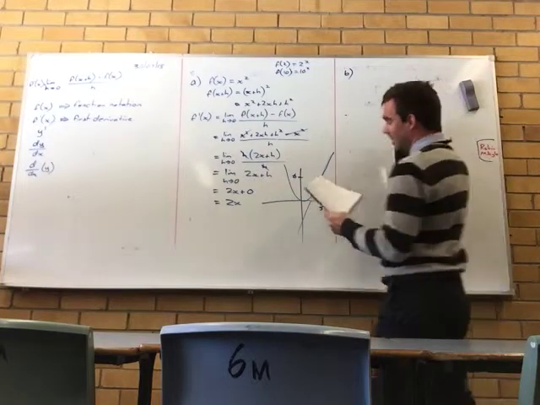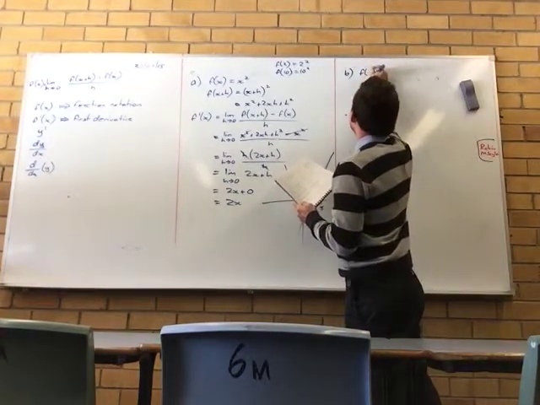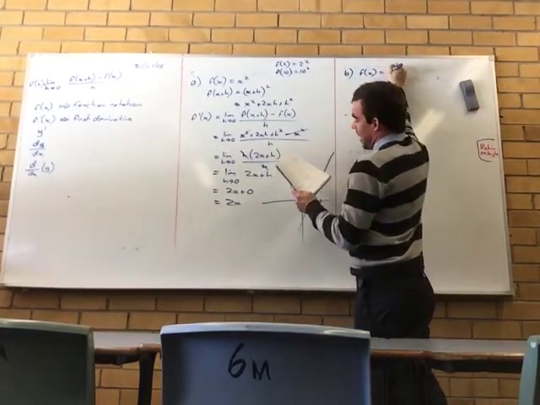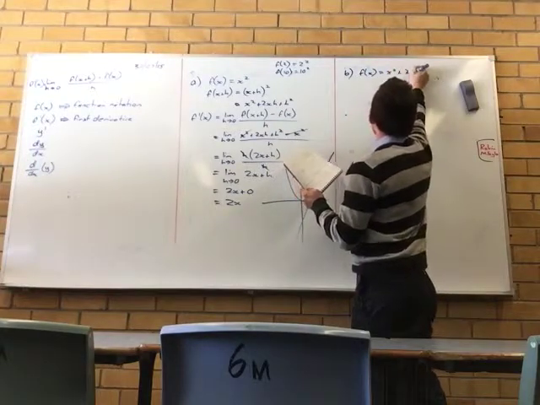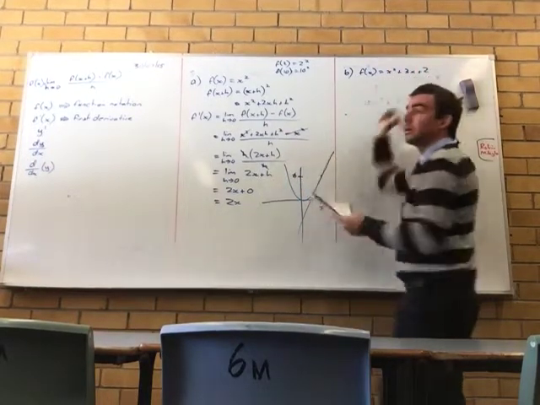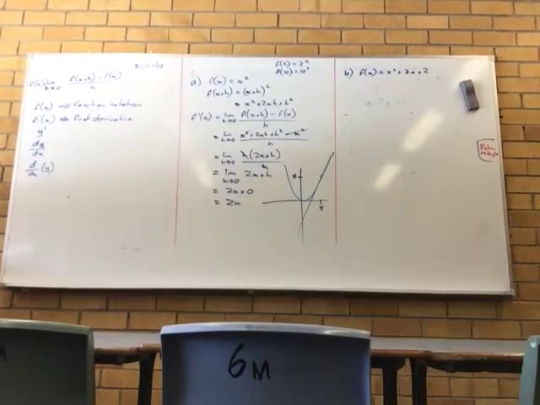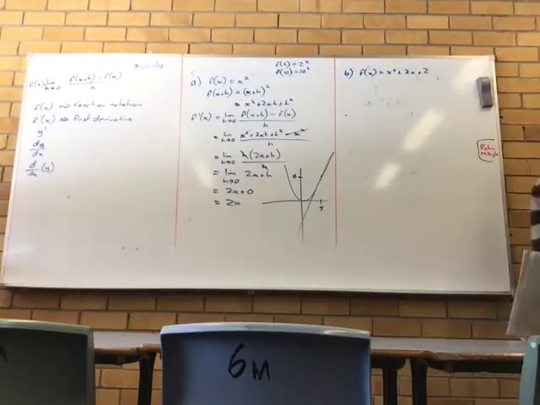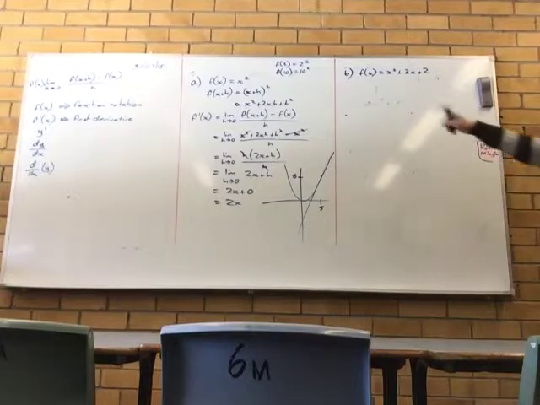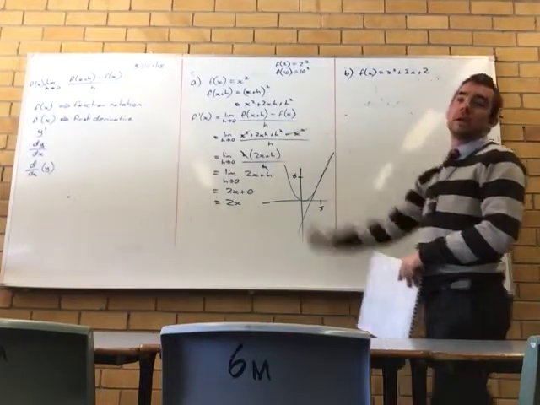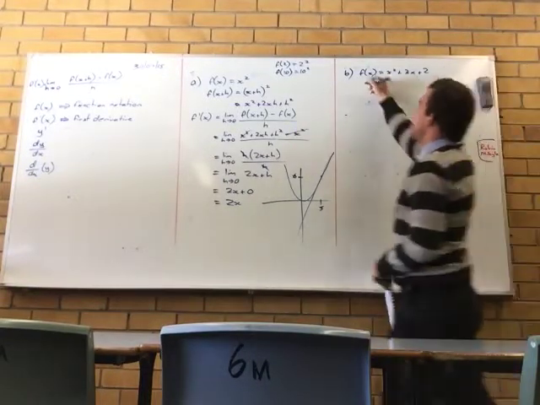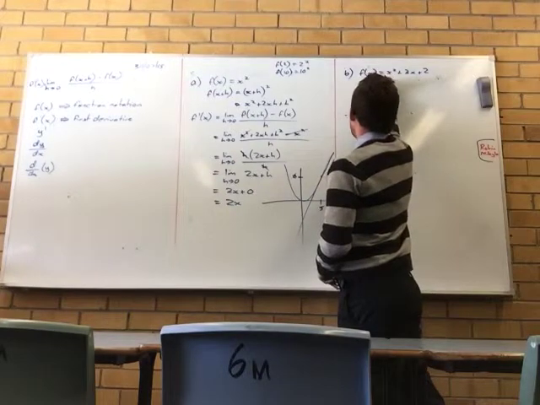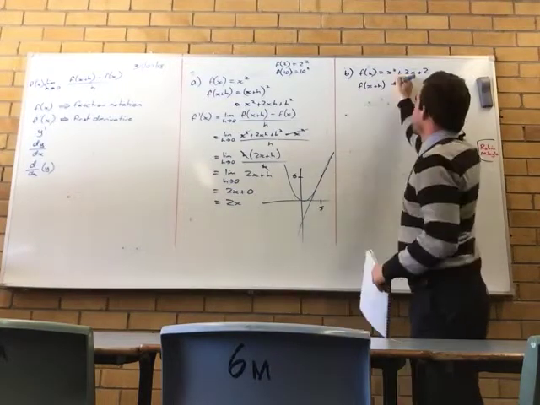Alright, B, f of x equals x squared plus 3x plus 2. What type of graph is that? Parabola. Okay, we'll get to those next topic. We want to find the equation of the gradient of the tangent, and that is what this formula is. Before we can substitute in the formula, we need x plus h.